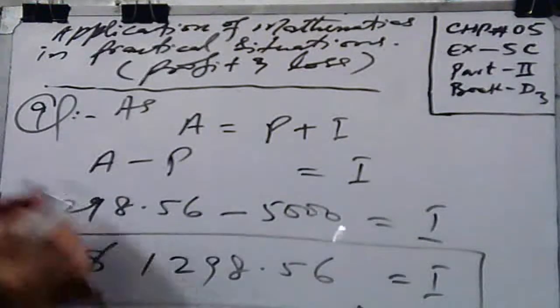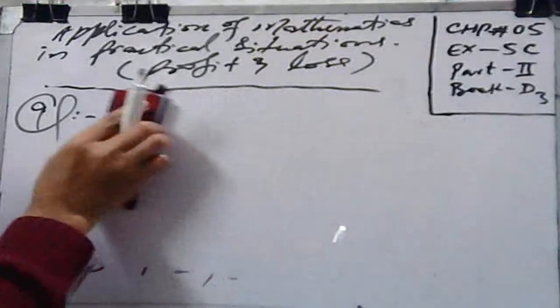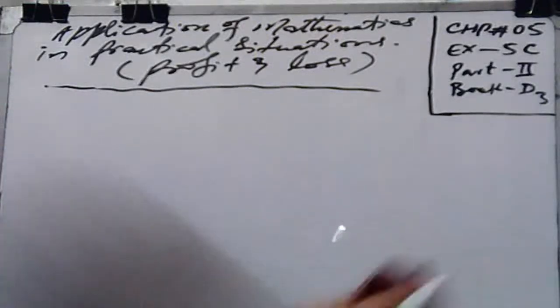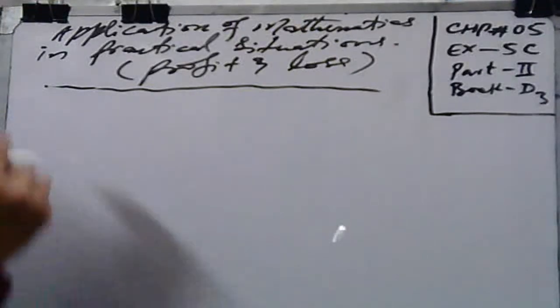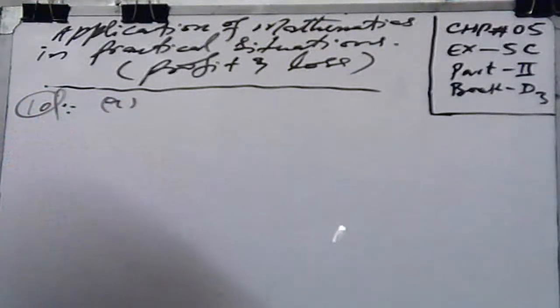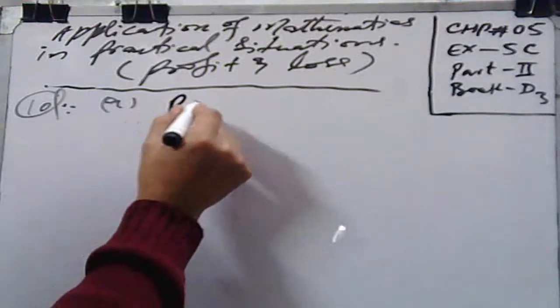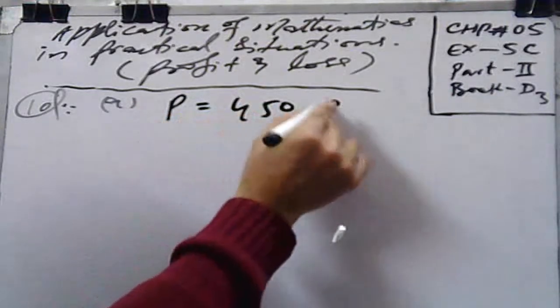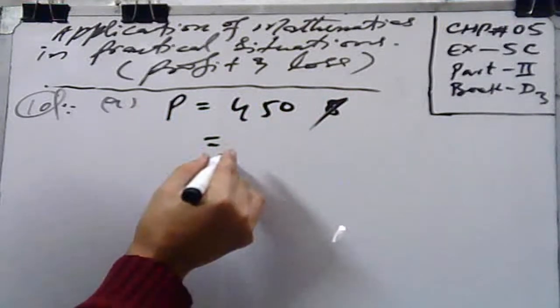Given that in part A, principal amount is $450, rate of interest is 10%, time is equal to 2 years, and we have to find interest, simple interest, but in the form of compound interest.